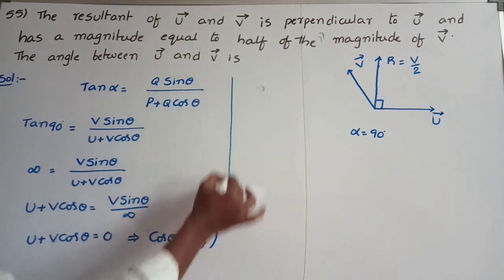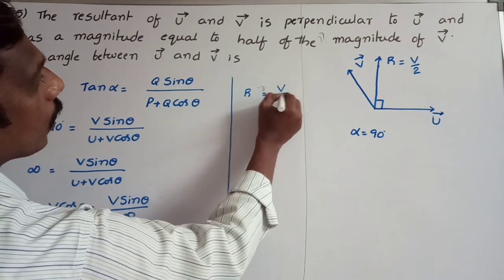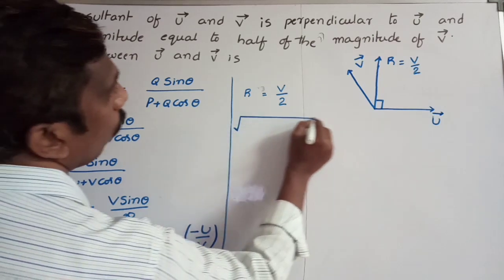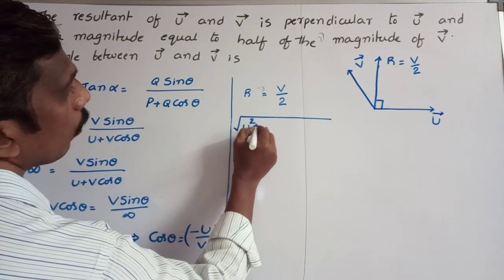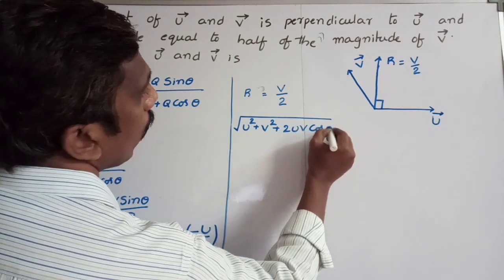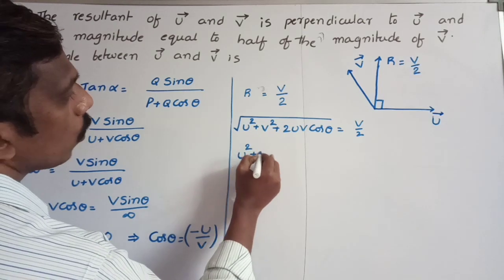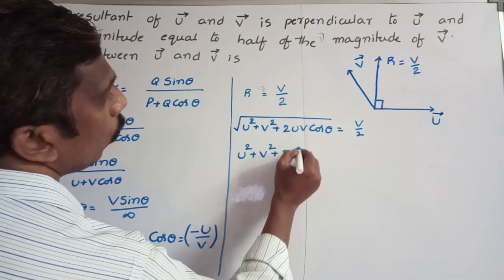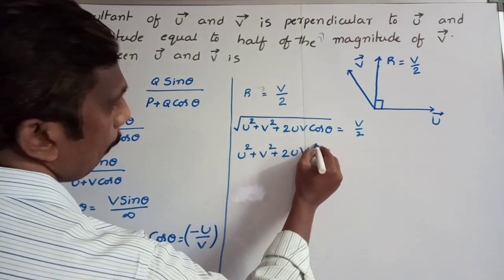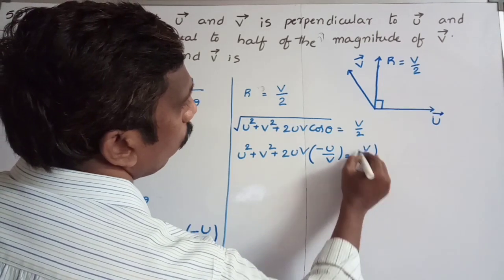Next, the magnitude of the resultant is given. We know resultant R is equal to under root of U square plus V square plus 2UV cos theta, which is equal to V by 2. Squaring on both sides, we get U square plus V square plus 2UV cos theta is equal to V by 2 whole square.